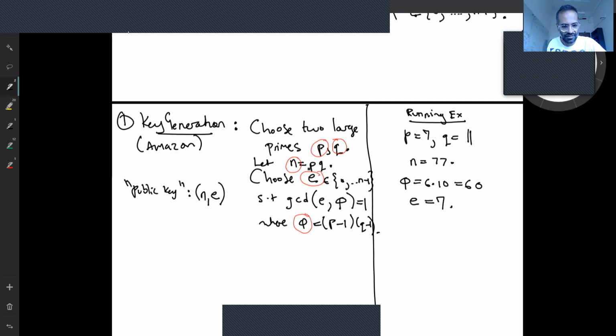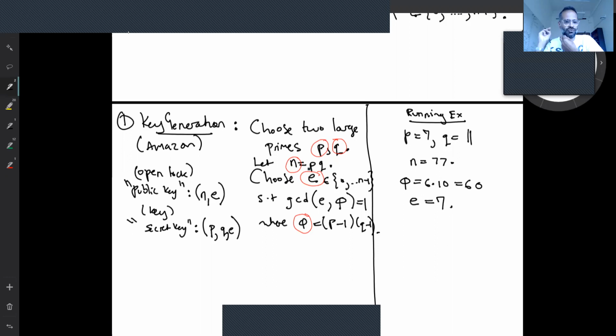So this is the analog of the open lock. And then the key, which is called the secret key, looks like it's the same. It's P, Q, and E. Okay.